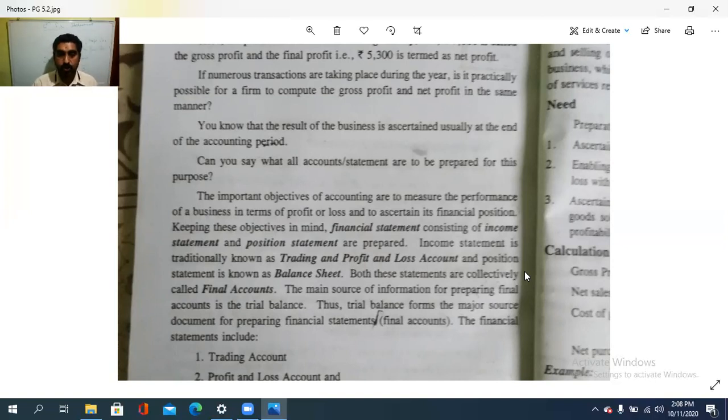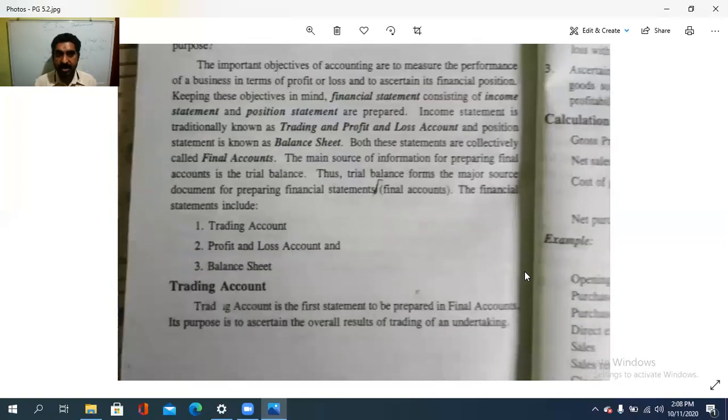Both these constitute final accounts. The main source of information for preparing the final accounts is the trial balance. Thus, the trial balance forms the major source document for preparing financial statements.